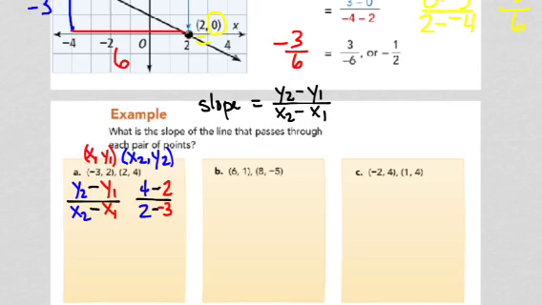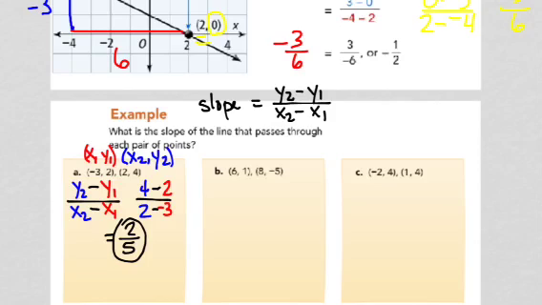So basically I'm just plugging in the numbers into that formula. It's the change in the y's, so I'm subtracting the y's, over the change in the x's. So let's go ahead and figure this out. The answer to this would be 4 minus 2 is 2, and 2 minus negative 3 is 5. So my answer is 2/5 for the slope.